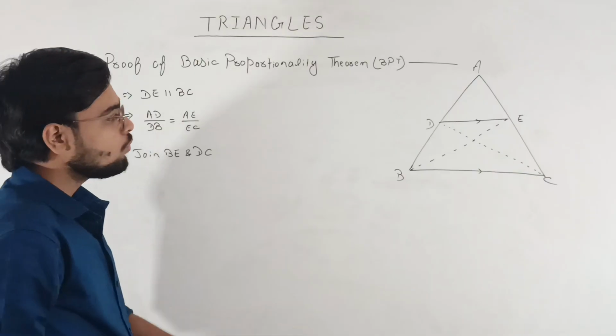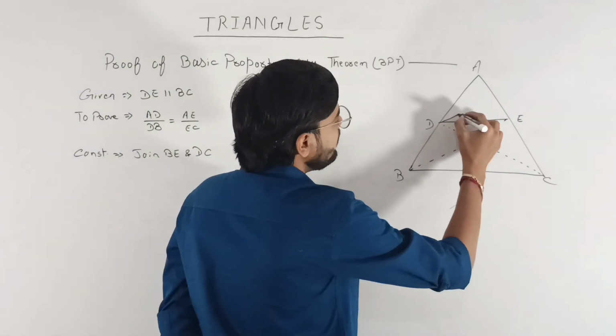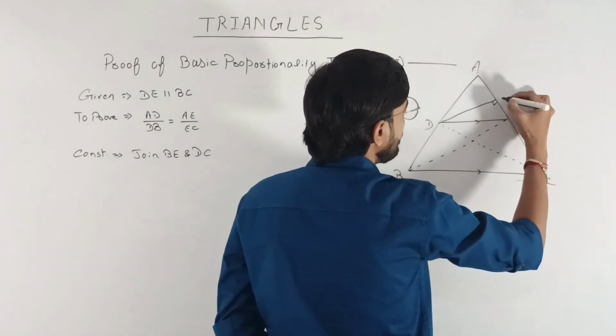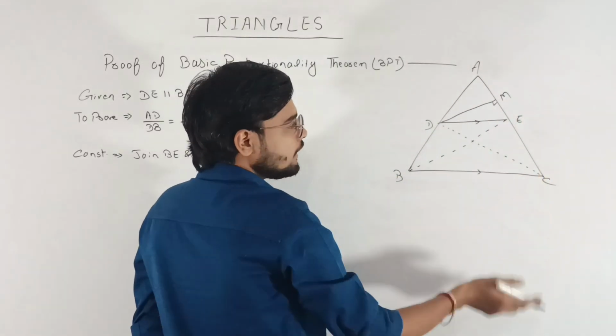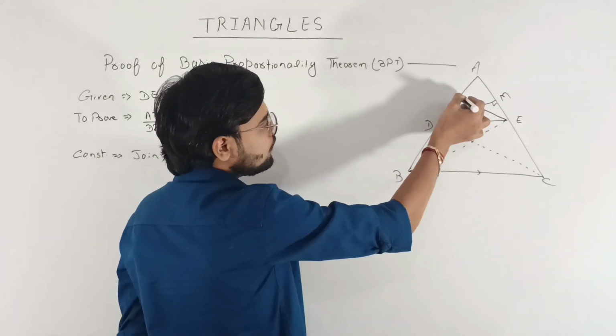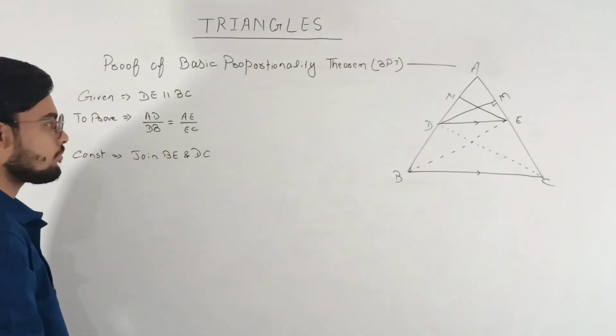After this, we have to do one more construction. First, I draw a perpendicular from D to side AE. Okay, I name it as M, DM. Then after this, again I draw a perpendicular from vertex E to the side AD. This is N.